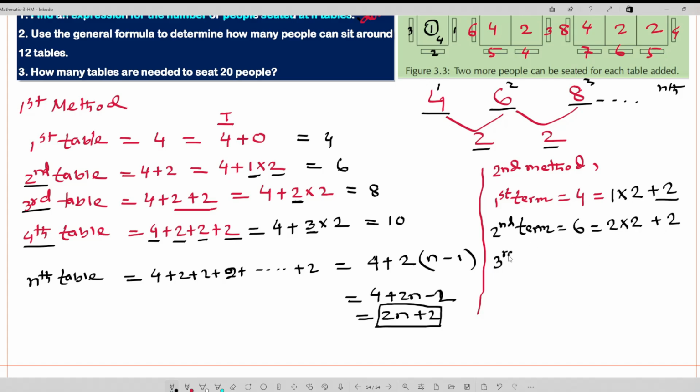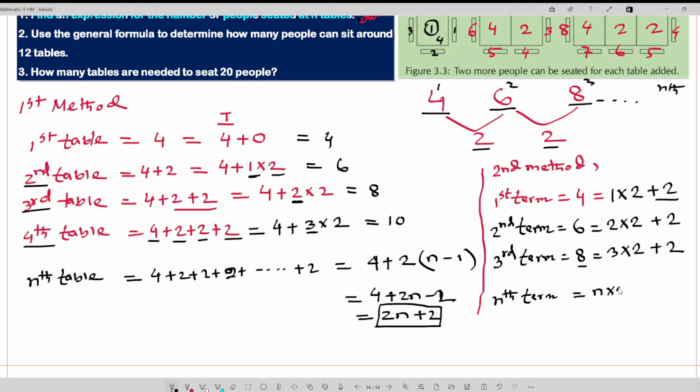Third term, 8. So look, how many terms? This is the third term. What is the difference? 2. How many do we add? We add 2. So 3 times 2 is 6, 6 plus 2 is 8. So the nth term equals how many terms? n.